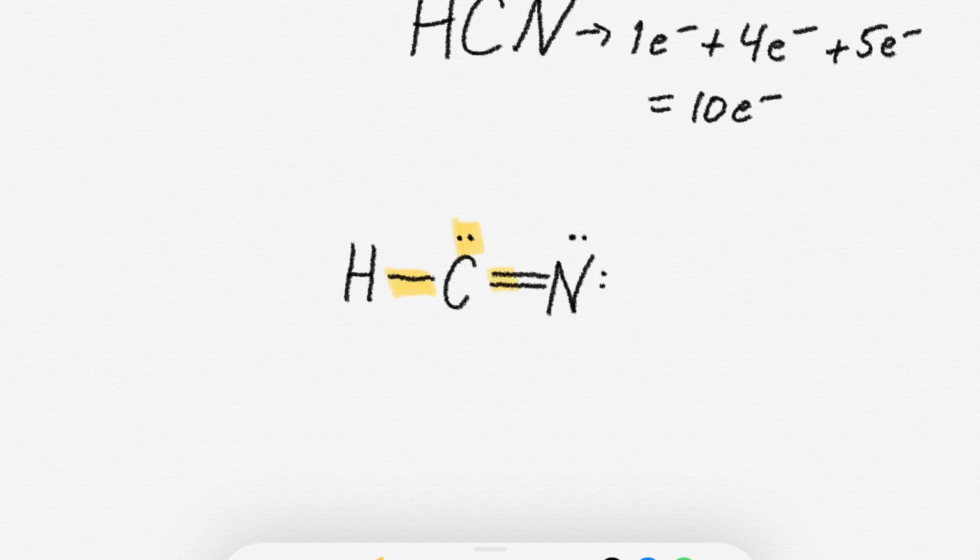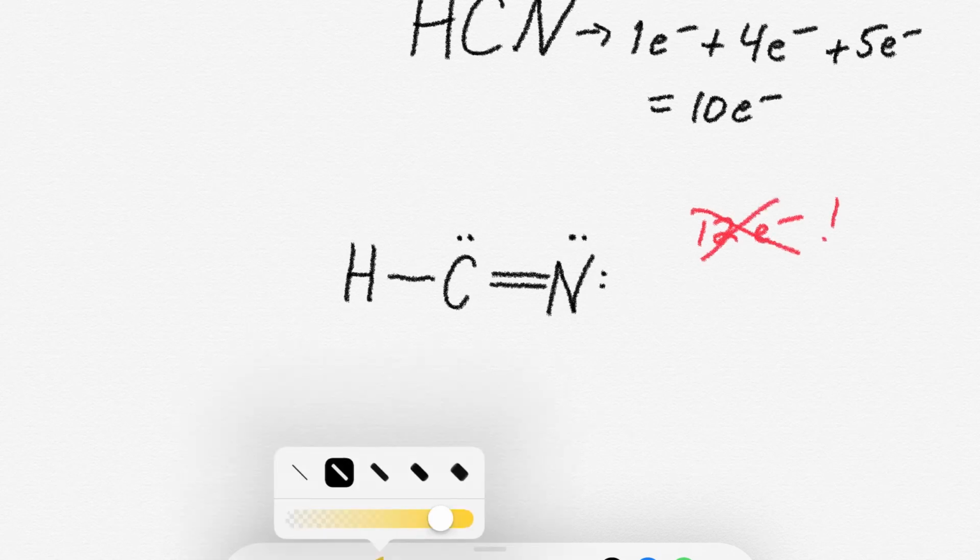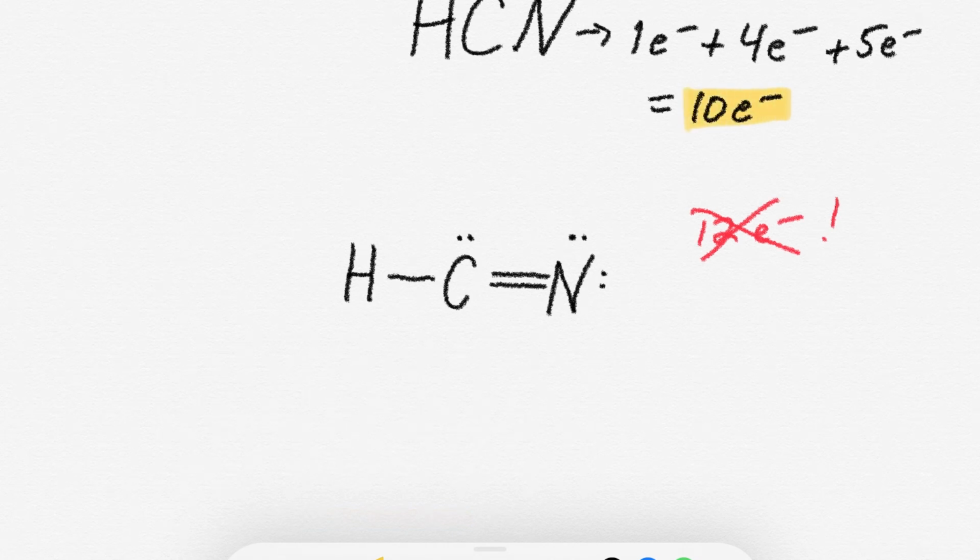Here we go. 2, 4, 6, 8, 10, now 12 electrons. So this structure has 12 electrons. That's still a no, right? Because we have to have 10 electrons.